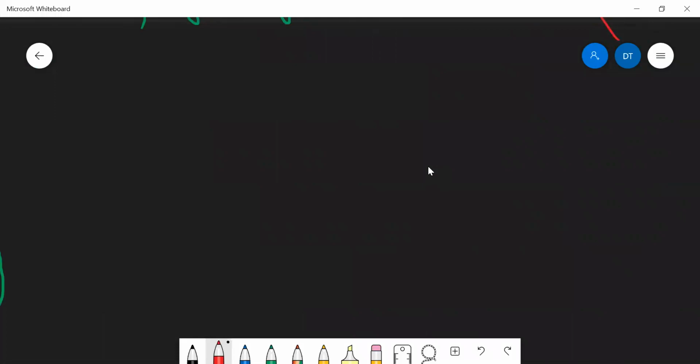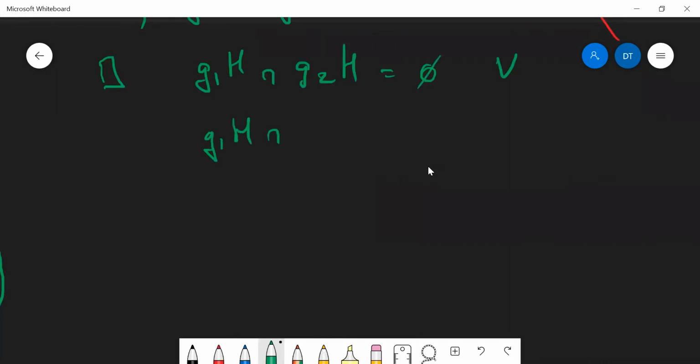So now, suppose we have these two cosets. Well, if they do not intersect each other, then it's okay. We are done. There is nothing to prove. So we may assume that they actually intersect.